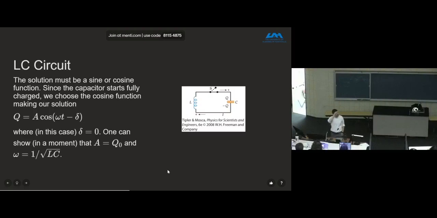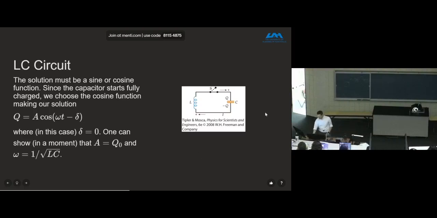So the form that we're going to work with here is that the function itself for the amount of charge on the capacitor at any given time is going to be A, where A is just the amplitude, and we'll figure out what that is in a second. A is the amplitude times cosine omega t. We don't know what omega is yet. It's just the angular frequency of oscillation of how the system is going to oscillate charge on the capacitor.